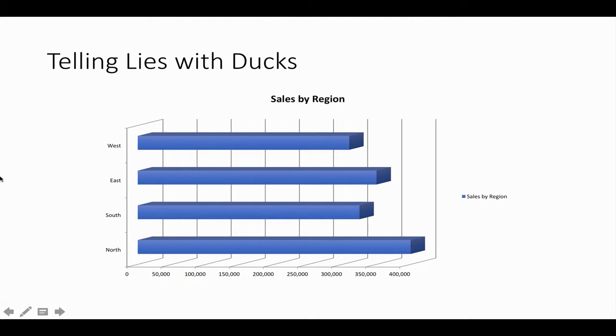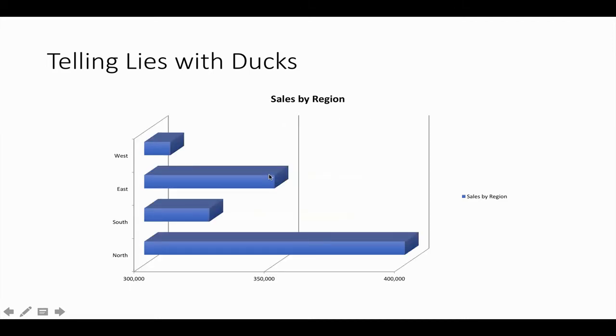So we're using fewer pixels in this graph to get from 0 to 50,000 than we are to get from 350,000 to 400,000. It's even worse now when we do the lie chart, right? So anyway, the 3D is usually a problem. We're going to get into some more problems with 3D in a second.